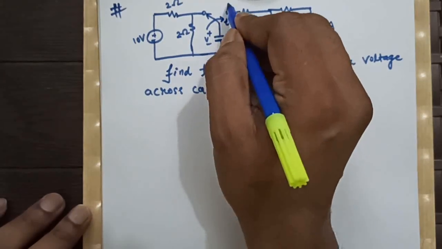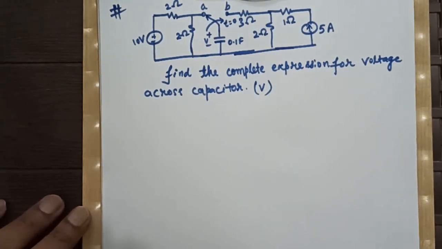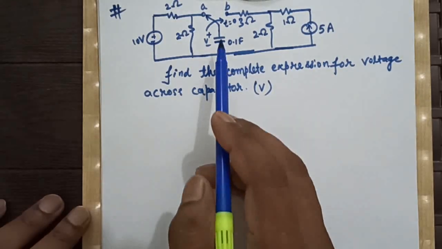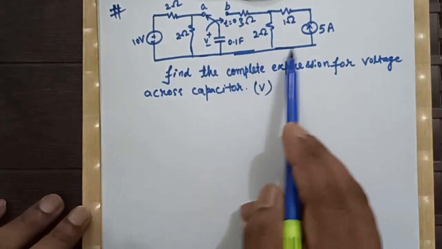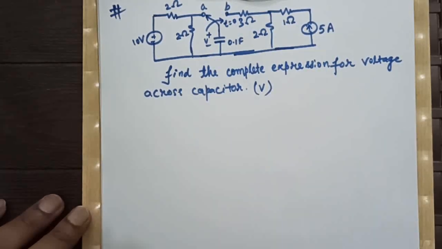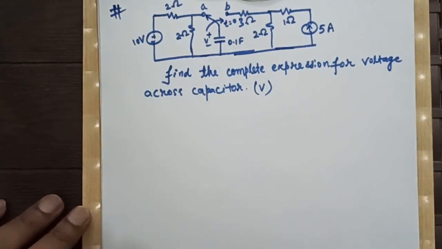Let us say this is position B and this is position A. At time t equal to 0, the switch moved from position A to position B, and the capacitor was connected to this part of circuit at time t equal to 0. So this is nothing but the step response of a RC circuit, first order RC circuit, because here only one capacitor is present, so it is a first order RC circuit.